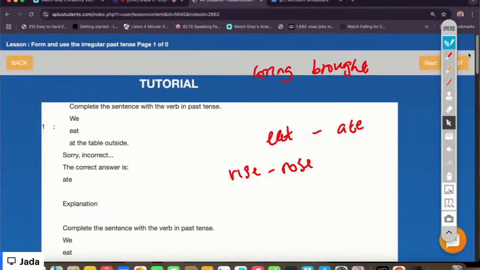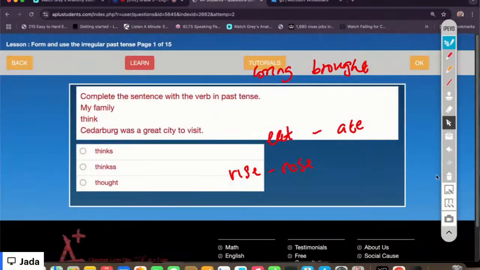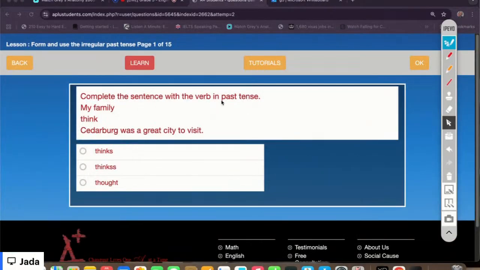You can make sure you share your answers with me. All right, complete the sentence with the verb in past tense. My family thinks Cedarburg was a great city to visit. Thinks, or thought?